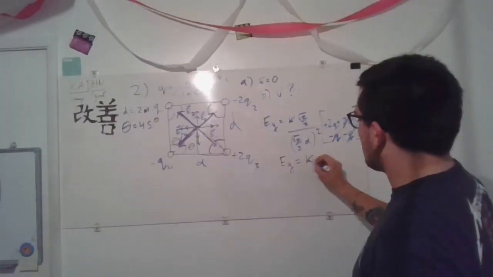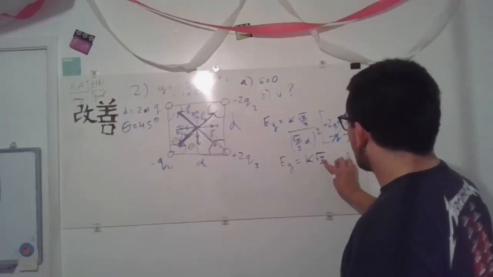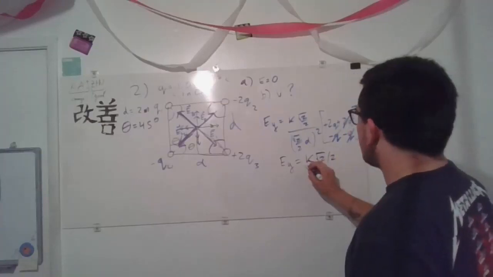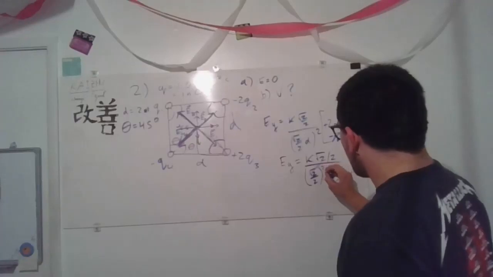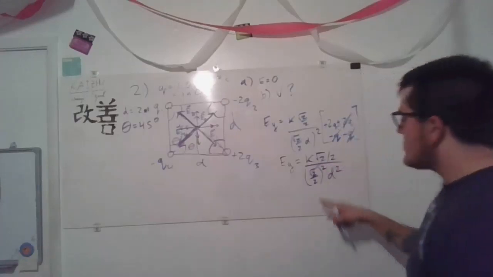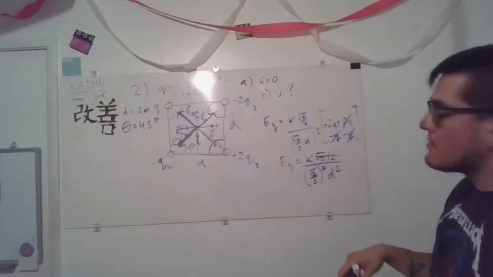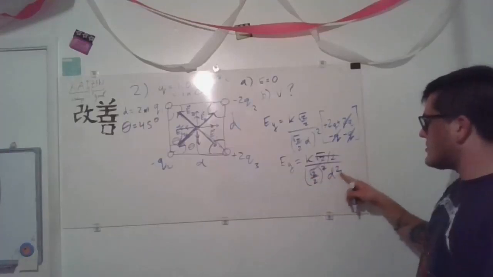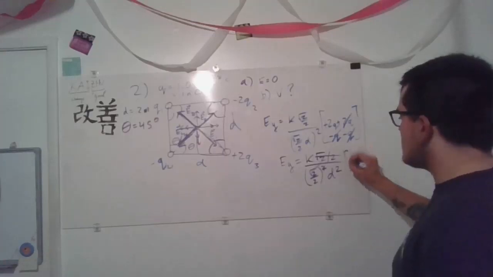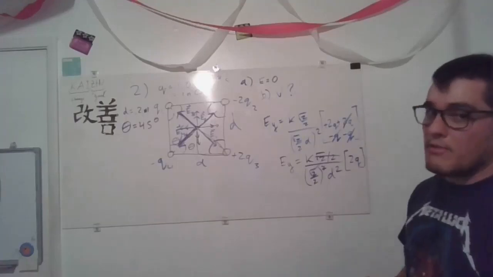Thank you, Garrett. Almost skipped too far on that one. Let me write this rad 2 over 2 like this. So one of these squared will cancel out with this, right? And then you'll have rad 2 over 2 d squared, and then times 2q. So now we can get a value for that.